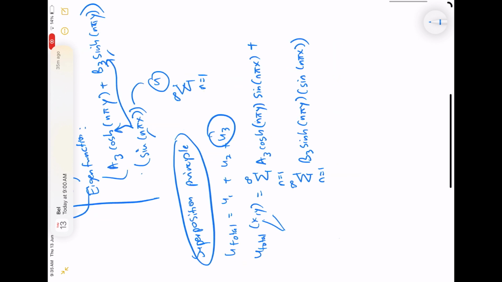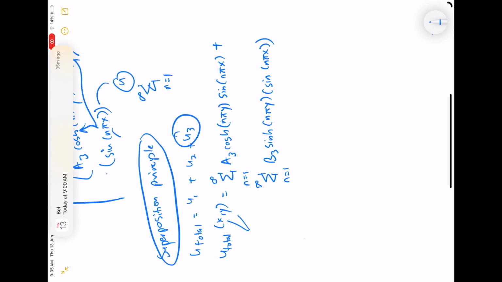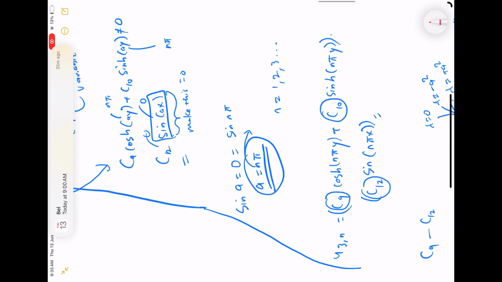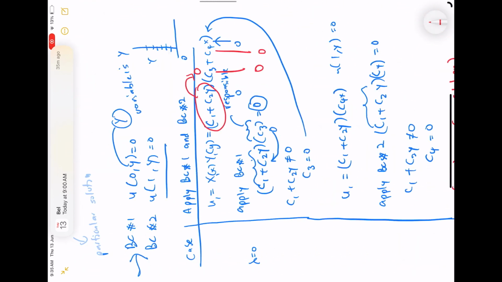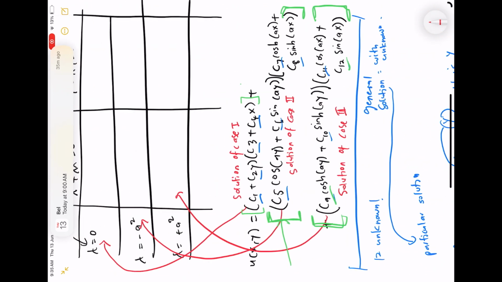So there are two remaining unknowns that we need to solve. This one and this one. Still we need to find the unknowns. But we still have two boundary conditions, right? Just now we applied the boundary condition on the y-axis only. We still have the other two boundary conditions. Where are they?